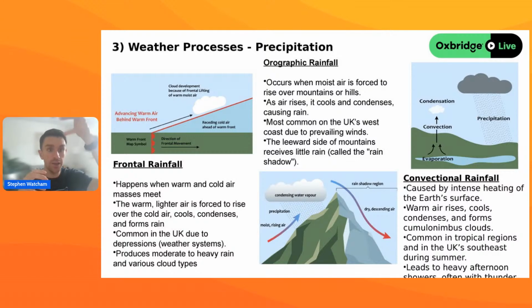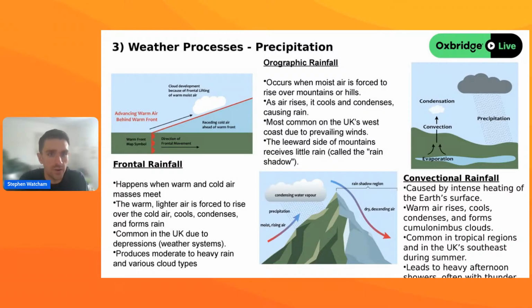As it gets higher into the atmosphere, it cools, condenses, and forms rain. Okay. Really common in the UK, we get weather coming across from the Atlantic, warmer air coming from Europe. That Atlantic weather rises above, falls down as rain, and produces pretty cloudy days, pretty wet weather. That's what we get in the UK.